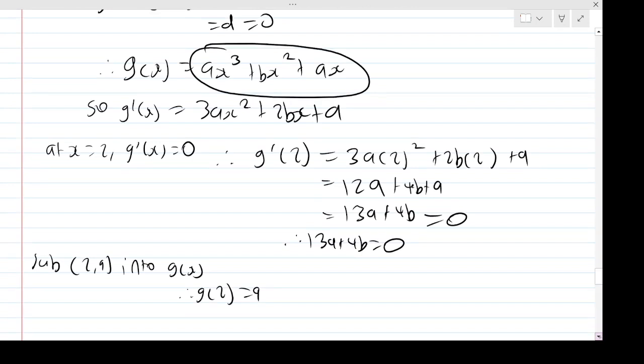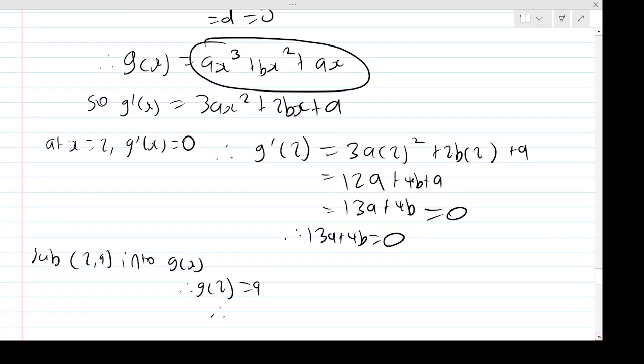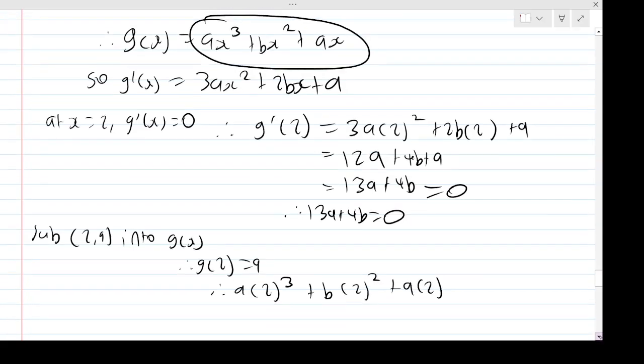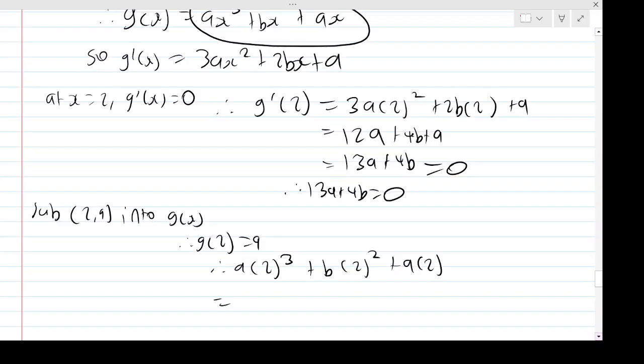So if I plug in 2 into g of x, that'd be a lots of 2 cubed, add b lots of 2 squared, add a lots of 2. 2 cubed is 8, so 8a, add 4b, add 2a, and that goes to 10a, add 4b, and we're told it has to equal 9.